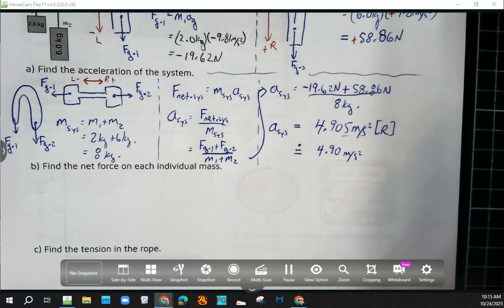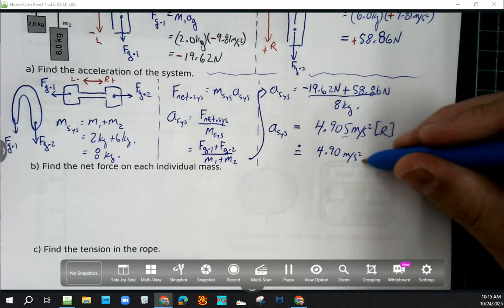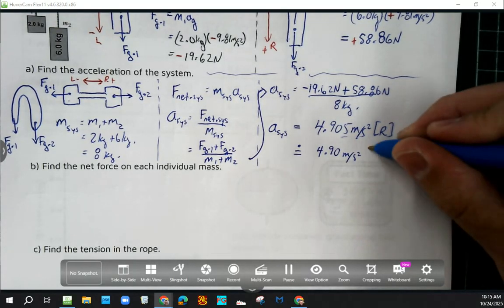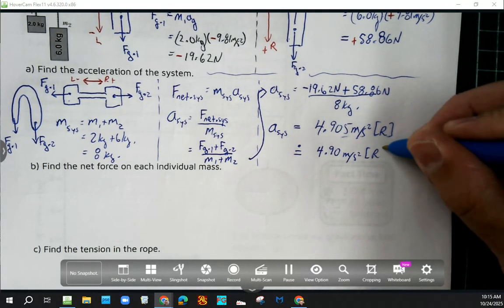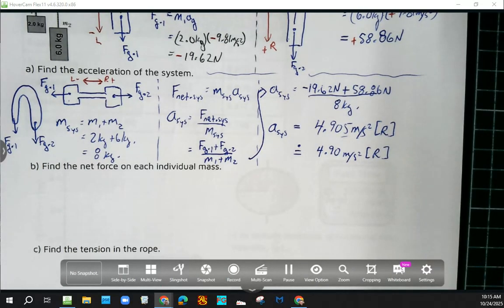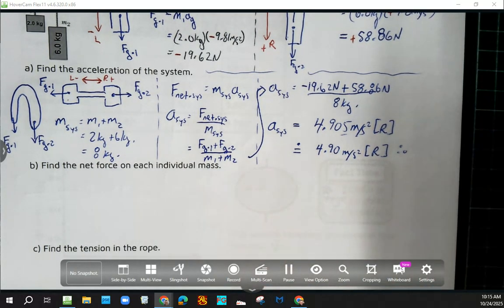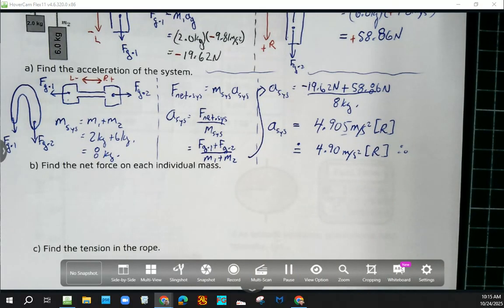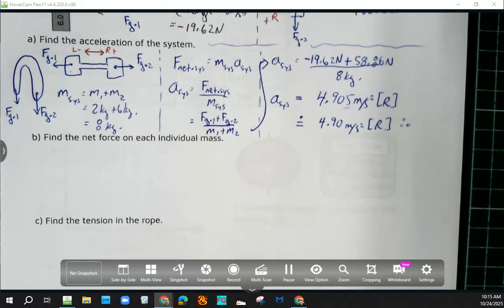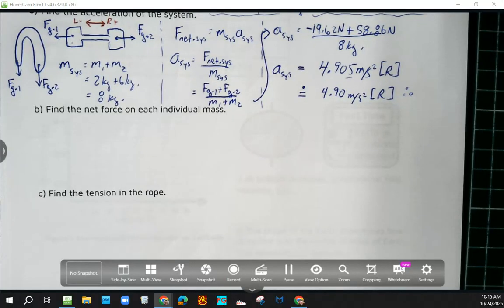There's nothing after the 5 to tip the scales up to 4.91. What a strange rounding rule. That might even have been only the second time all semester we encountered it, right? And we could write a therefore statement. Therefore, the acceleration of the system is 4.90 meters per second squared. But again, I've written too large to fit in that writing. I want you to be able to see it.